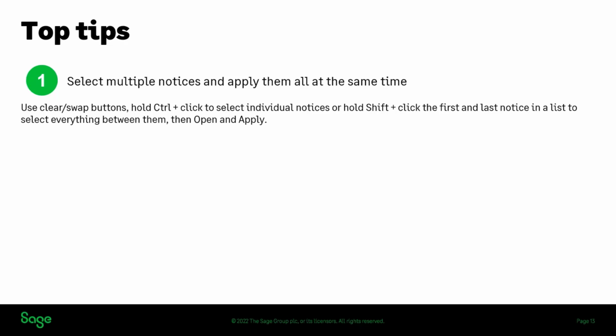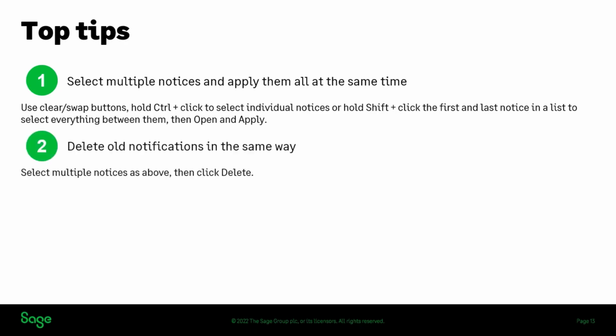So you saw one of the ways in the demo earlier, there's those little clear and swap buttons, but much like selecting files in Windows, you can also use either the control key, so holding control and clicking on individual notices will highlight multiple notifications, or you can highlight all notices in a list by holding Shift and then clicking on the first and last notice. So once they're all selected, you can open them as a batch and you can apply them.